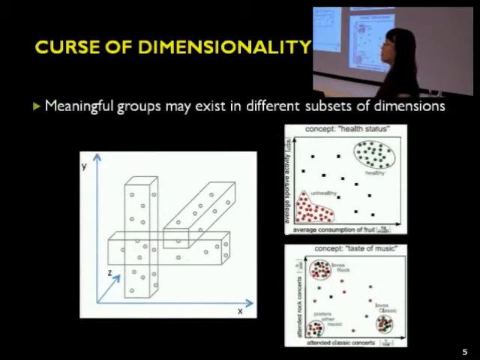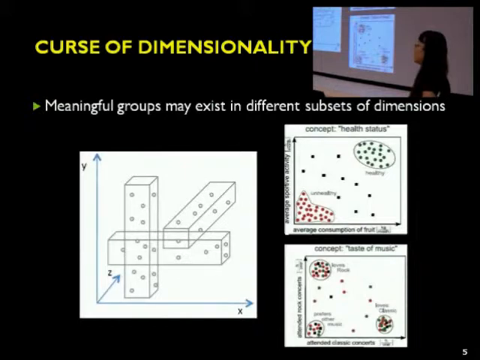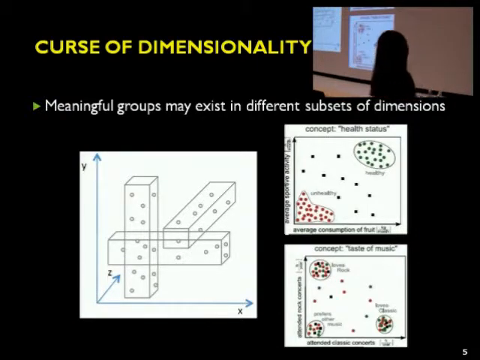Another problem with high-dimensional data is the subspace clustering problem. So basically, when you have data with high dimensionality, often interesting patterns exist in different subsets of dimensions. So here's an example.